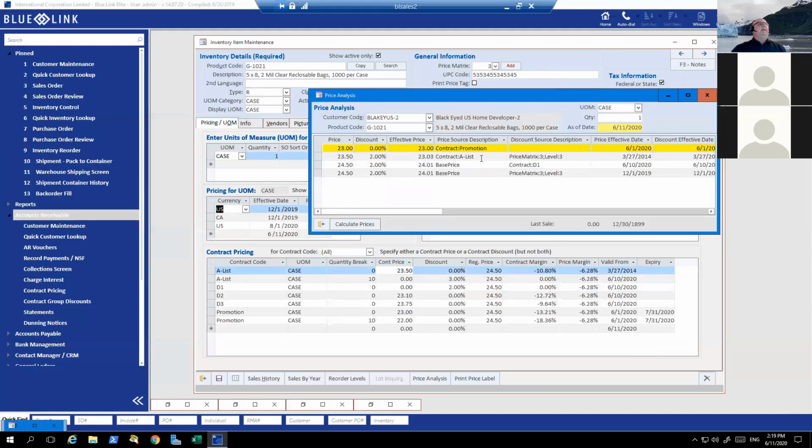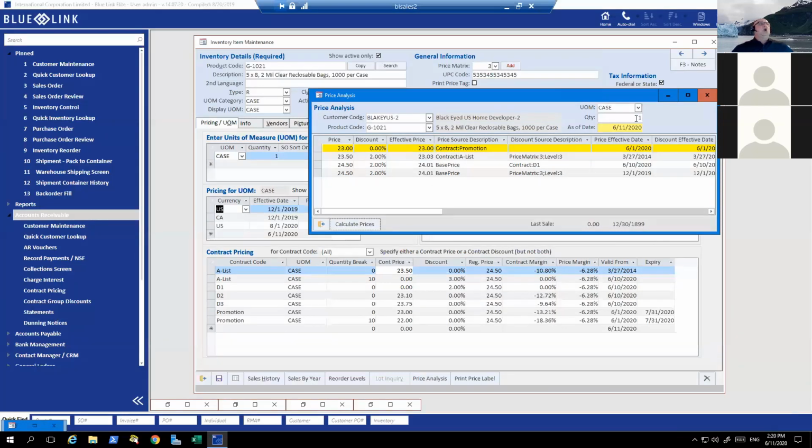It's showing me that there is a contract A list of $23.50, but there's also a discount of 2% because of this price matrix here. So again, be very careful when using that kind of thing. You can also see here that there's a contract D pricing that's set up in the system. And at the end of the day, Blue Link is using the best price.